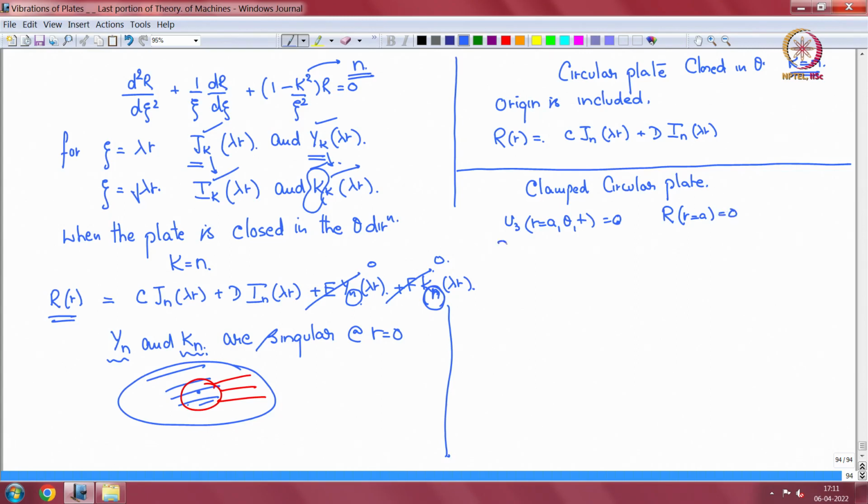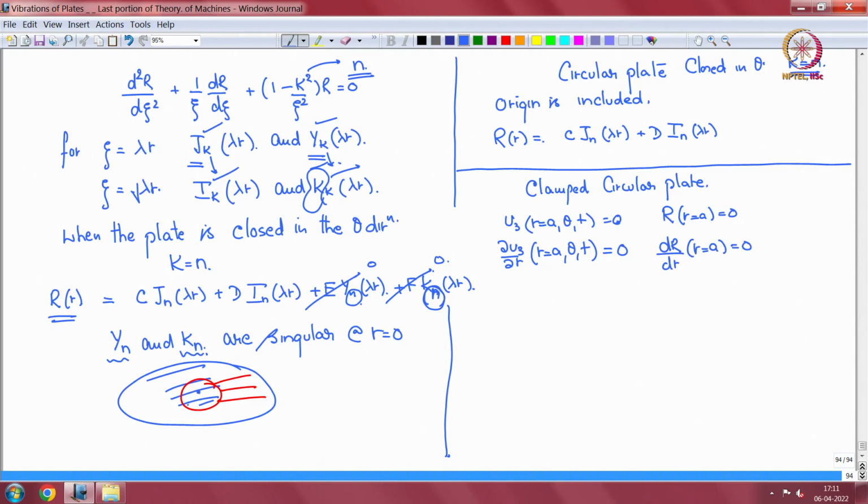Then the slope ∂u3/∂r at r equal to a, theta, for all time is equal to 0, which means dR/dr at r equal to a is equal to 0.